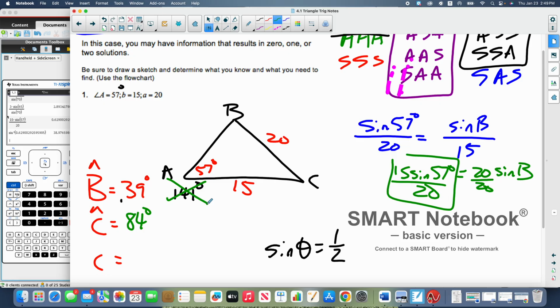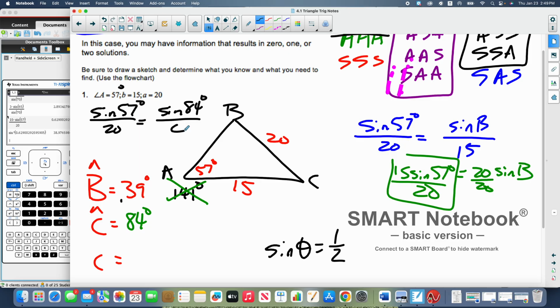Law of sines like we did, okay? So I would take sine of 57 over 20, and I would take C, which is 84 over C. And I'd cross multiply and solve it like we've done, okay?